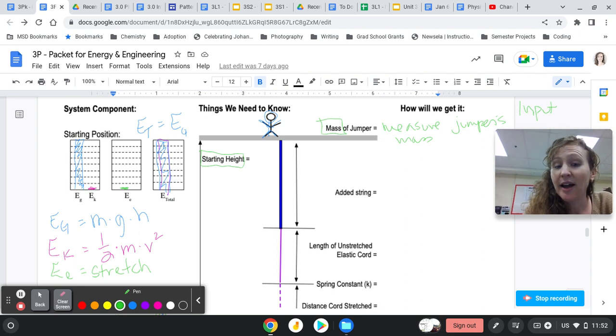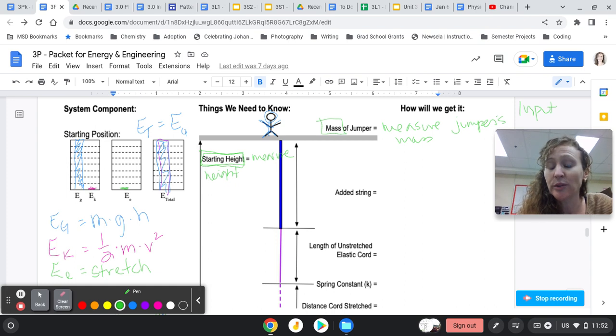So starting height is something we can just go measure the height of whatever we throw our jumper off of. And this is going to be an input. So I'm going to put measure height right there. We'll just go measure it.